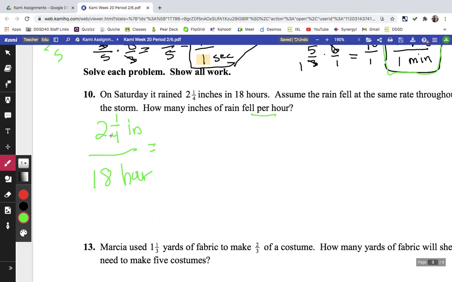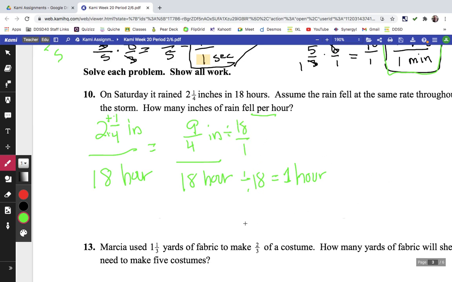So first we're going to change this to an improper fraction. 4 times 2 is 8. 8 plus 1 is 9. 9/4 inches in 18 hours. So we're going to divide by 18, so we get to 1 hour. 18 divided by 18 is 1. So we're going to divide this 9/4 by 18.